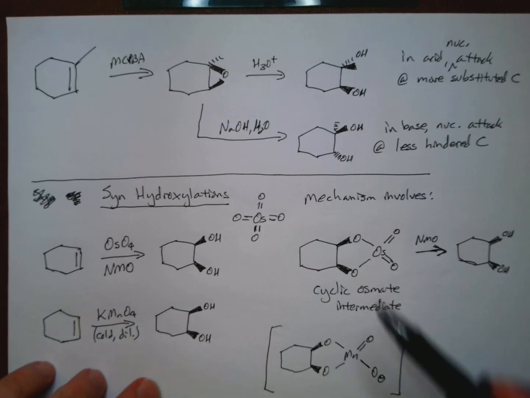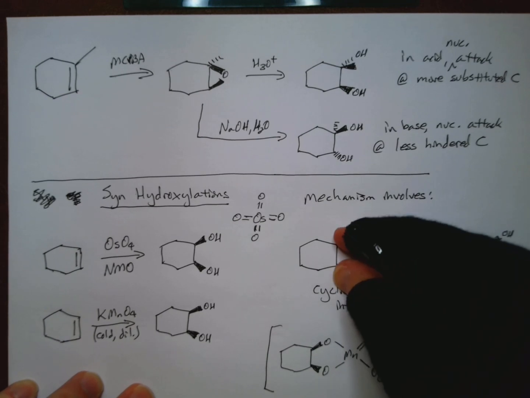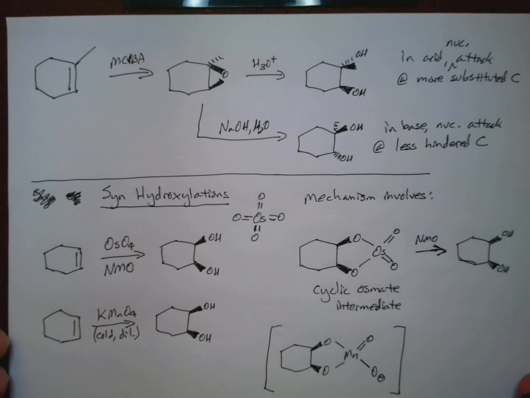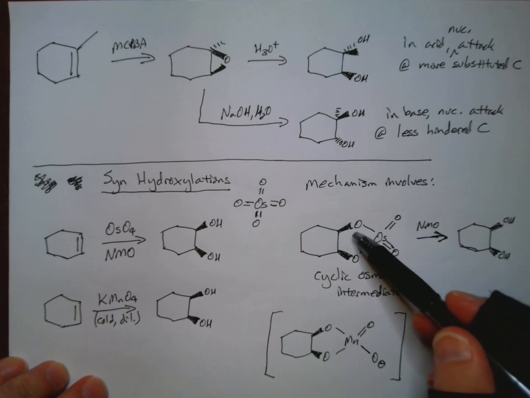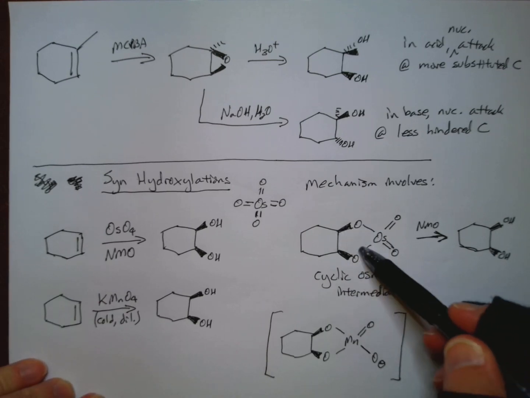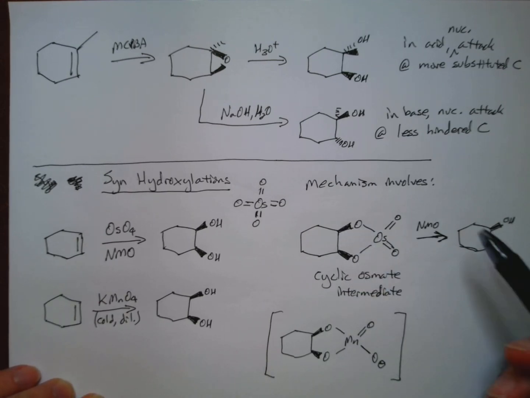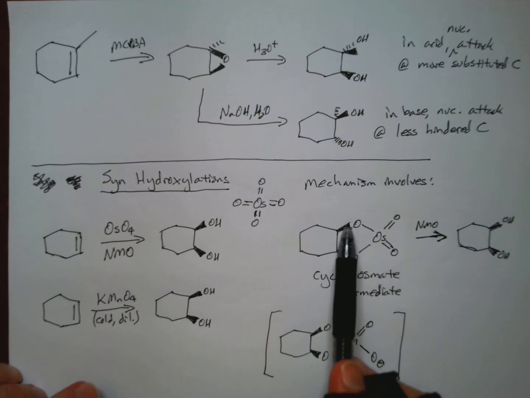Syn hydroxylation. Well, gee, that involves adding two things to the same side of the double bond. So that's like the hydrogenation, or like the hydroboration oxidation. We're adding both things to the same side, or same face, I should say.